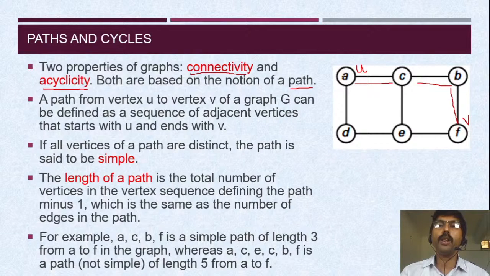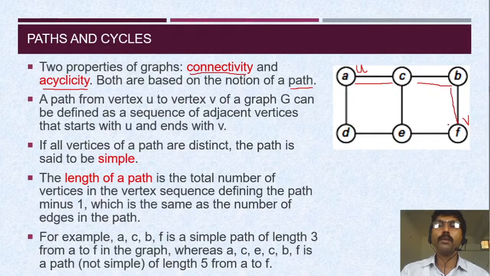For example, A to C, C to B, B to F. Now this is called one path. Altogether it is called a path.